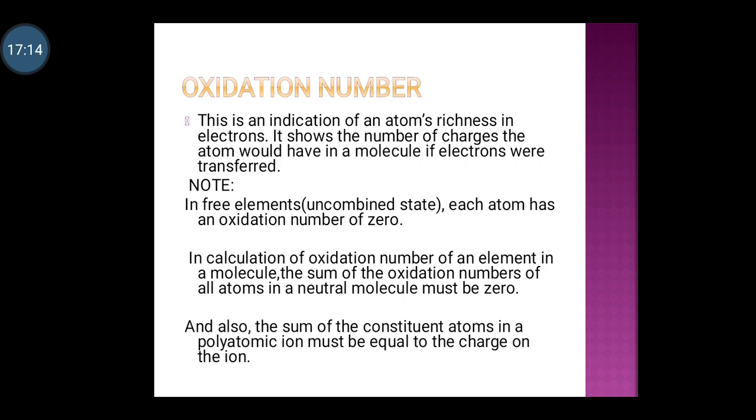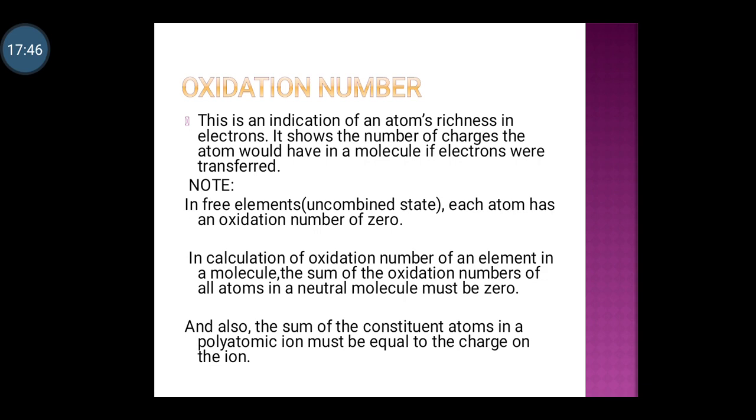For instance, CO2 contains carbon and oxygen. This point is saying that you add the oxidation numbers of the elements and they equal 0. So it will be C plus O equals 0. That's what it means. If you're looking for C, it will be C plus the oxidation number of O equals 0. Then you get it.